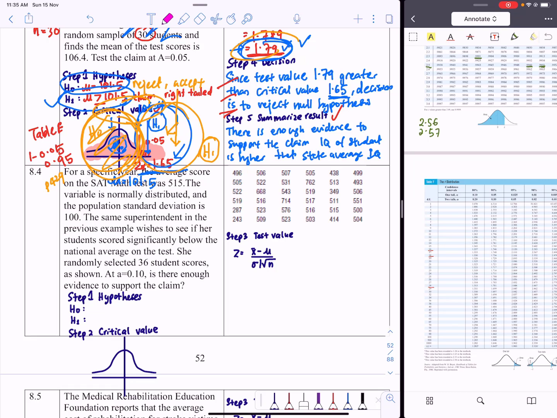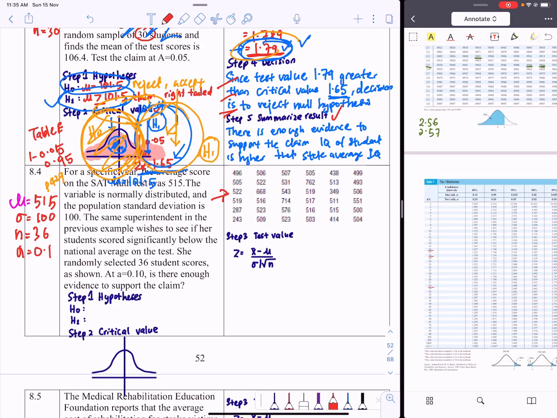We extract out all the information first. We have the mean equals 515, and then we have the standard deviation of 100, and then we have the sample of 36. We have the alpha of 0.1. That's all the information.